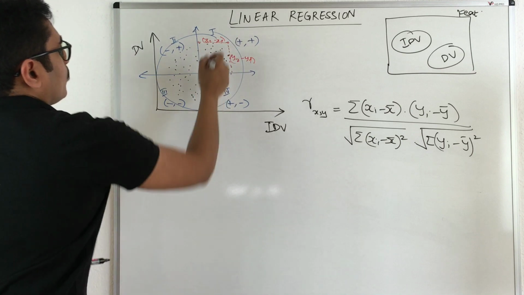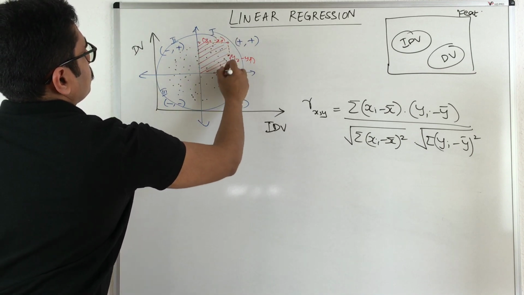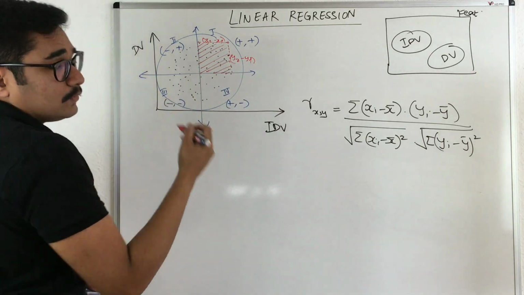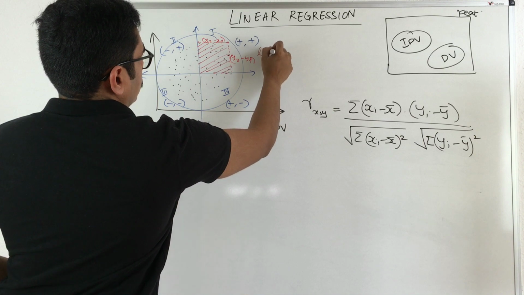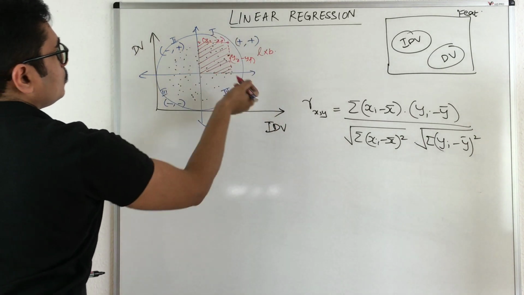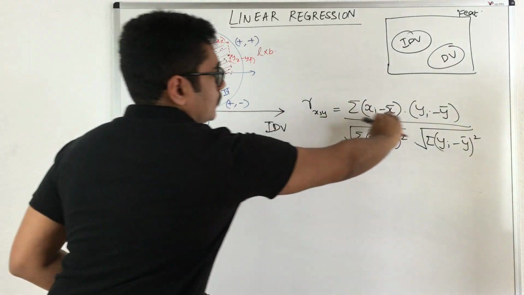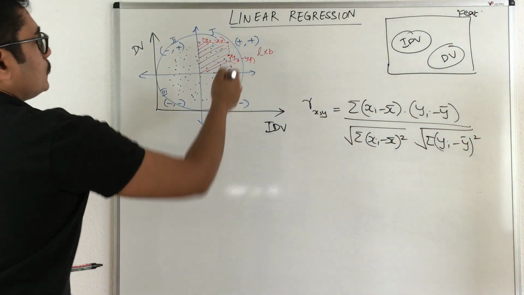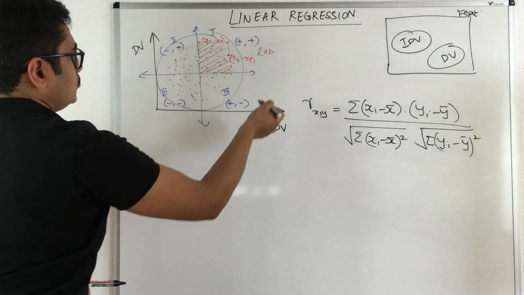If you see, this forms a rectangle. To calculate the area of this rectangle, area is length into breadth. Similarly, you calculate (x2 minus x1) into (y2 minus y1). That is nothing but your numerator. You have both positives in this region.